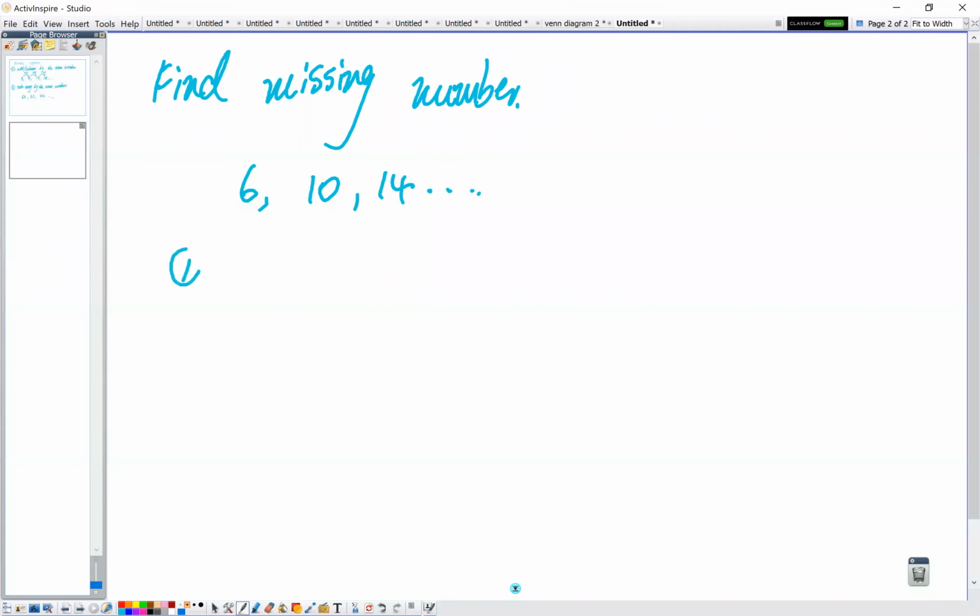The question asks you, can you please find the 100th number? If I want to find the 100th number, what are we going to do? The way we work this out is like this.